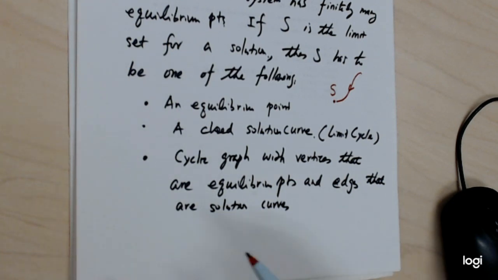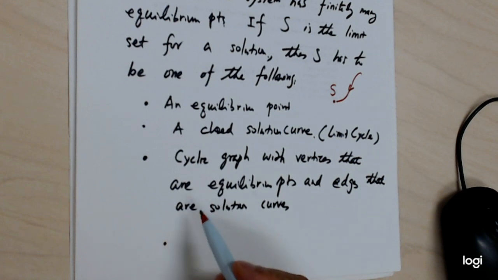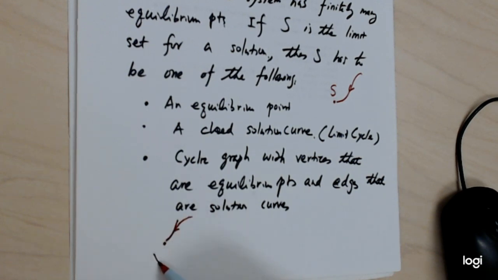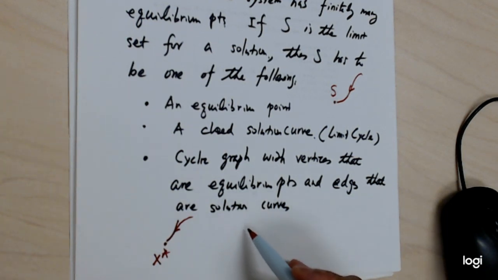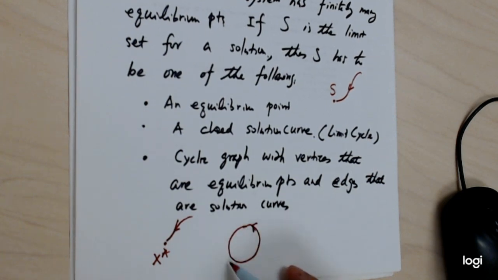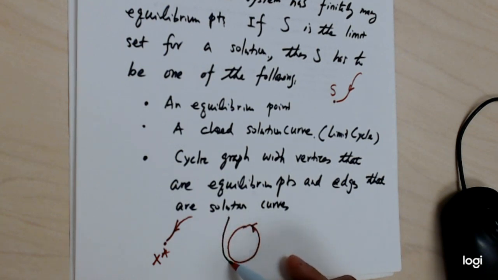The first case here, this is a solution curve. It can approach an equilibrium point. A solution curve can also approach a limit cycle, so this is a closed solution curve. The limit set of this can be this whole orbit.